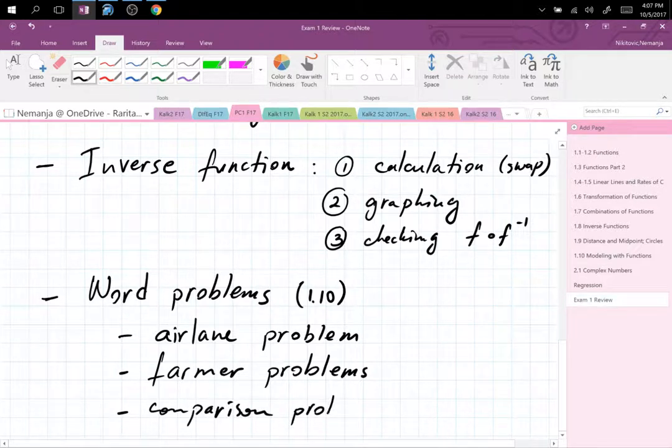That was first. Comparison problem was the cell phone problem, the cell phone plans.